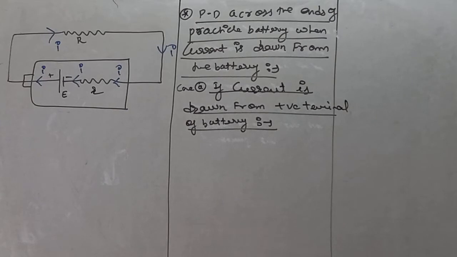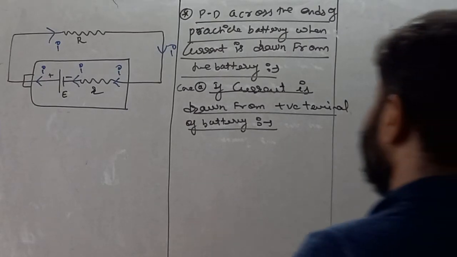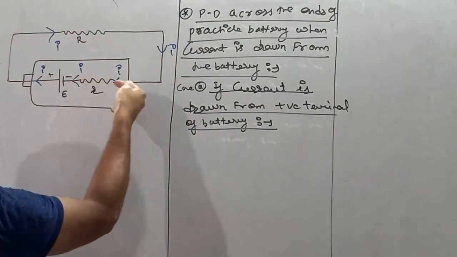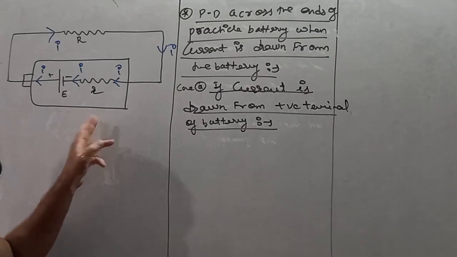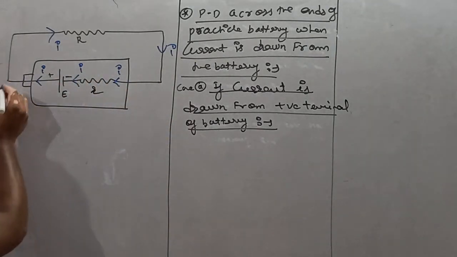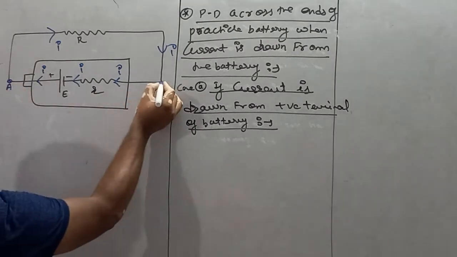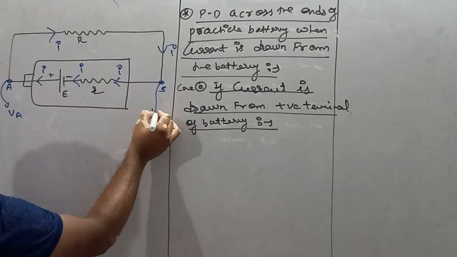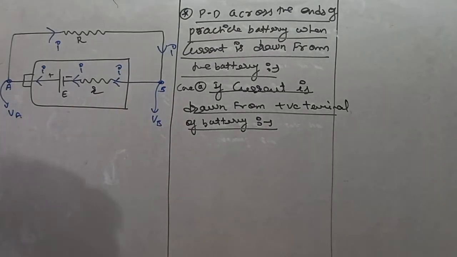So my dear student, if you look at this diagram, current comes out from the positive terminal and goes towards the negative terminal. In this situation, we are calculating the potential difference across the practical battery. So this is our A point, this is our B point. Let's suppose the potential of A is VA and the potential of B is VB.